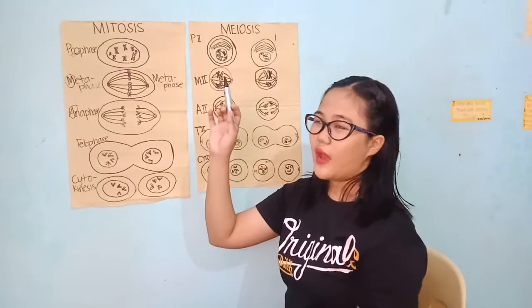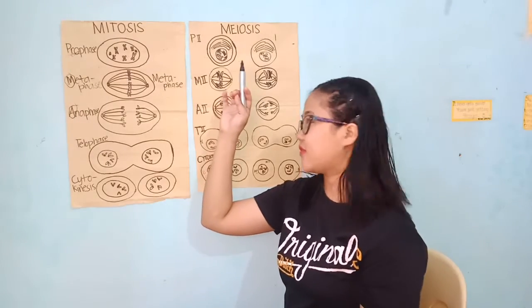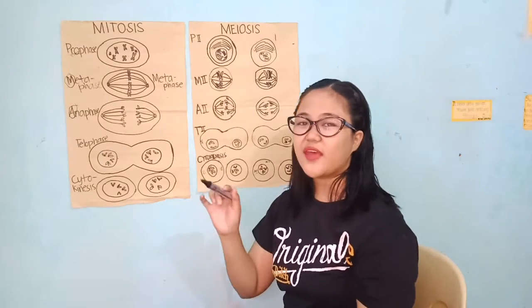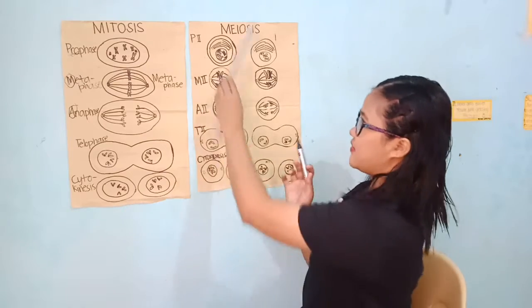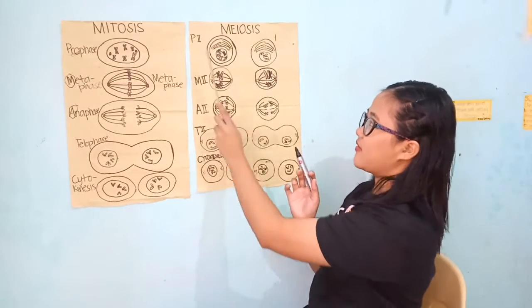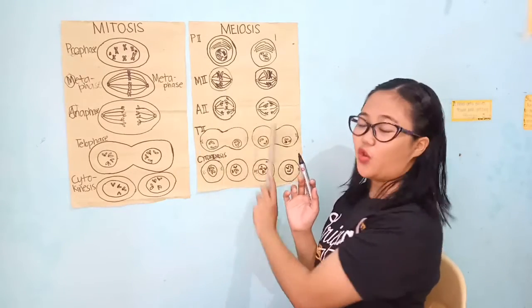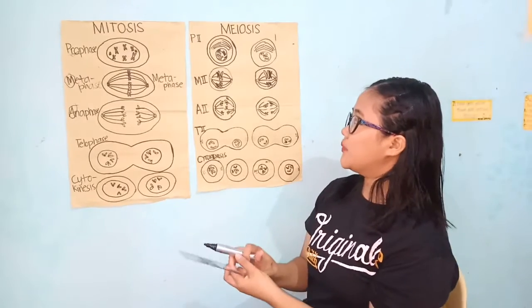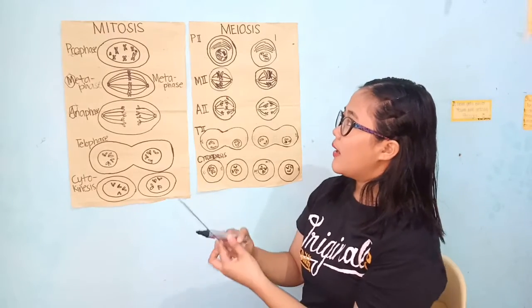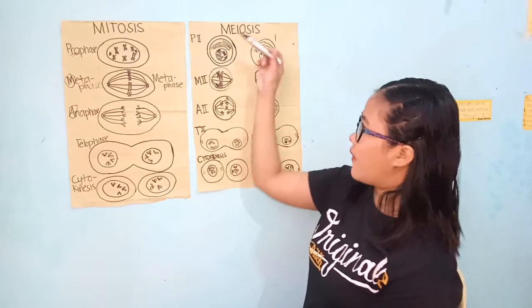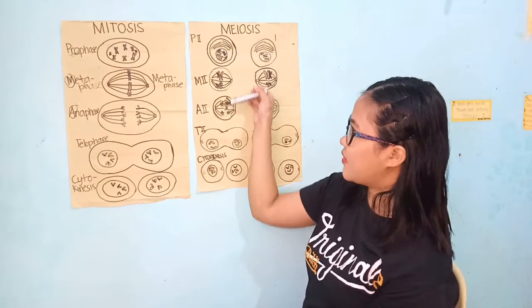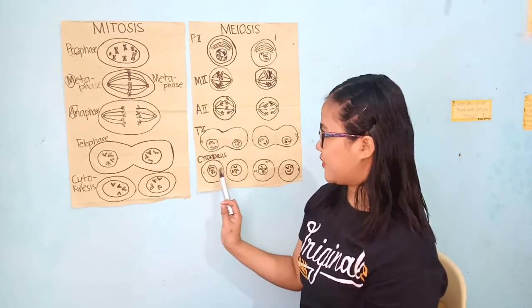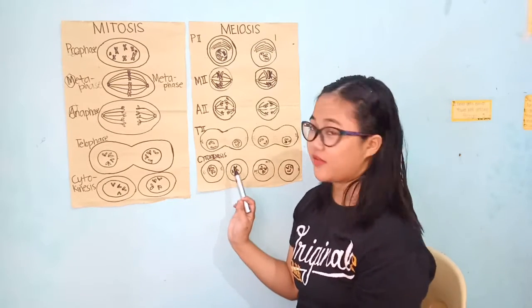And I've discussed the first phase of meiosis. Now, the second phase of meiosis is this whole picture. The same process as the first phase, for example, this cytokinesis divides.